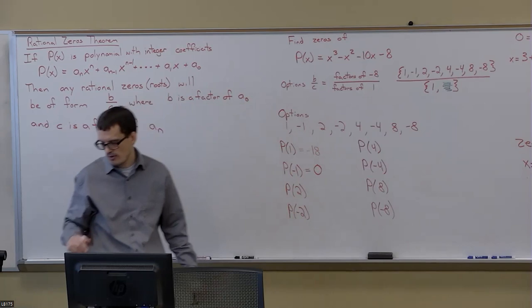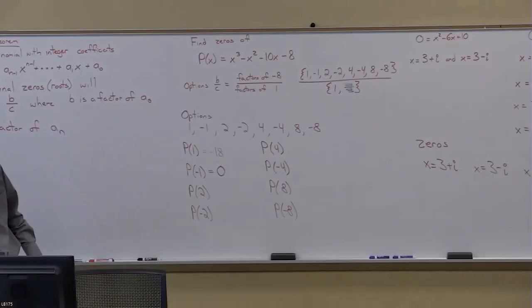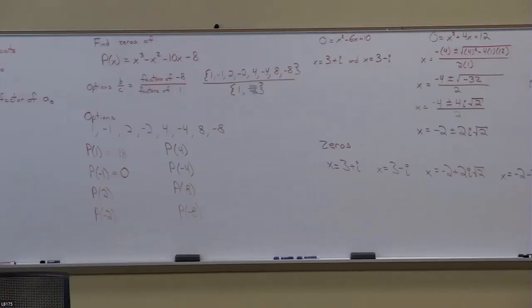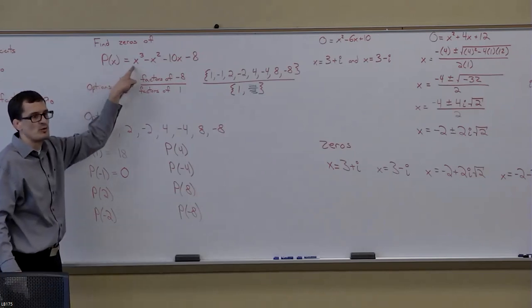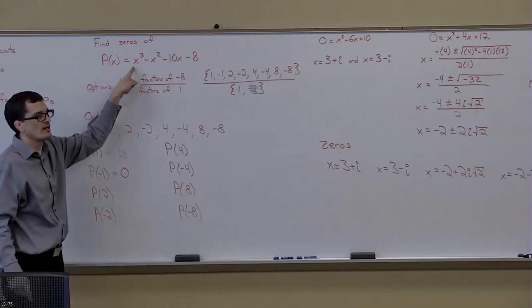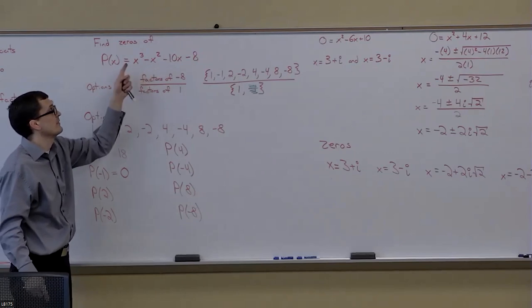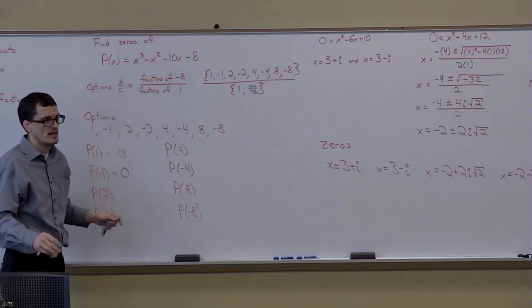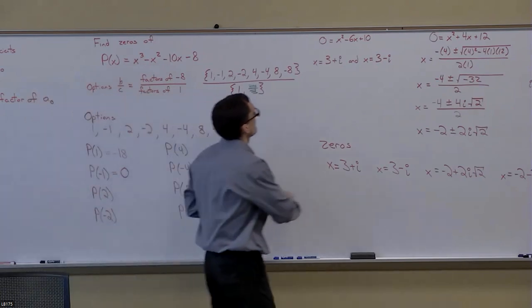And we all say hooray, and then we move on, right? Now, there are, again, options of what you could do. I knew there was going to be at least one real 0, right? Because real number coefficients and to the third power. So odd power told me I was going to have at least one real 0.